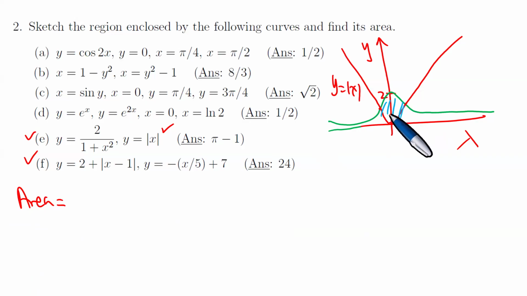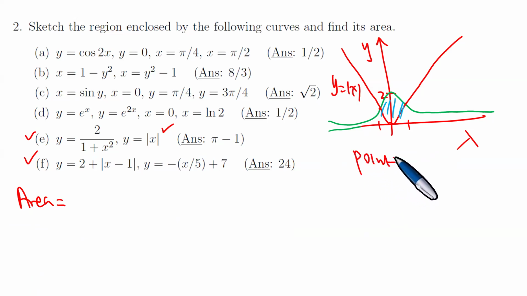It's easier to integrate with respect to x, because you can fix x and you have the same curve here, the same curve there. But if you fix y, it's going to be hard, because you have one curve, the green one here, and you have the bottom. So we're going to integrate with respect to x, because you just need to get the limits of integration, which are the points of intersection.